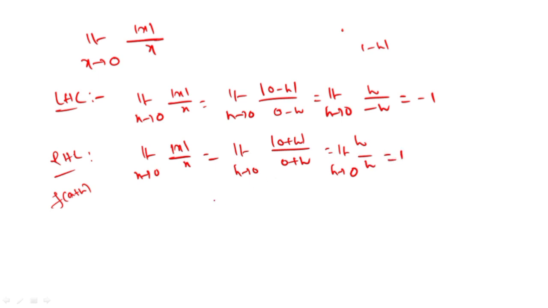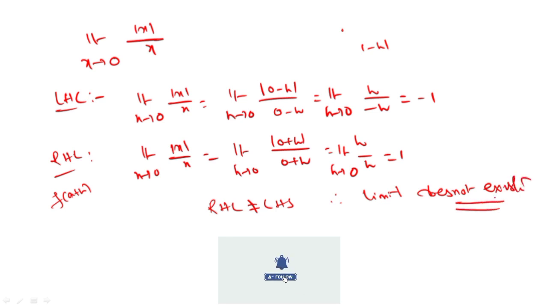Therefore, LHL and RHL are not the same, so the limit does not exist. Whenever mod is given in this kind of problem, be careful. This is the way we can find limits using the formulas.